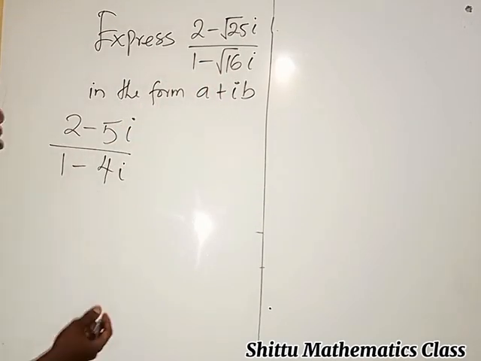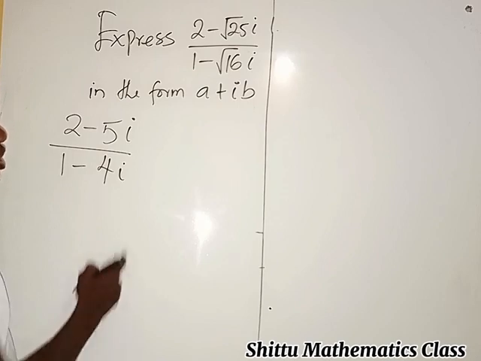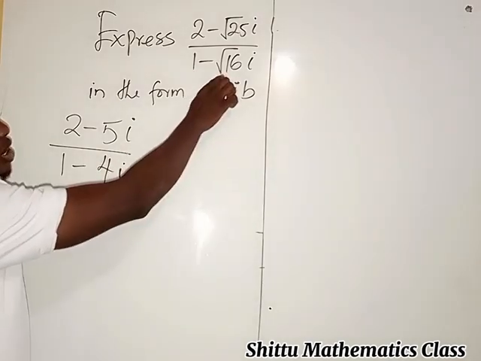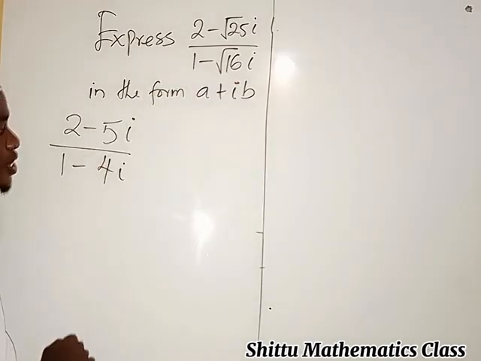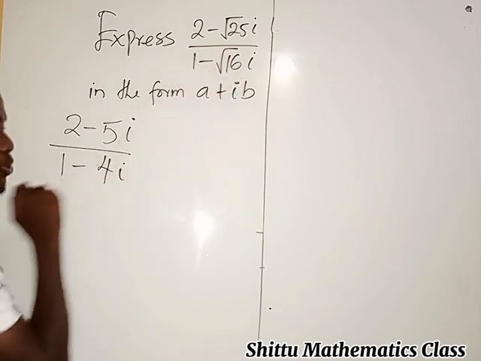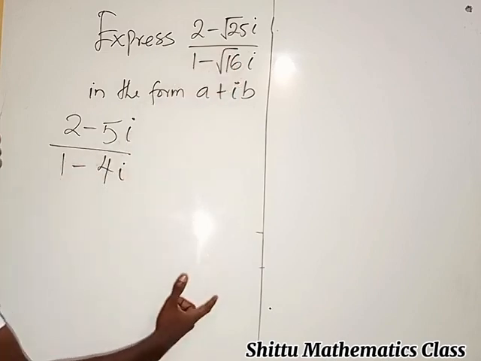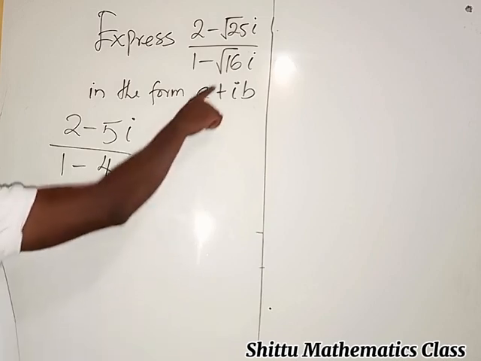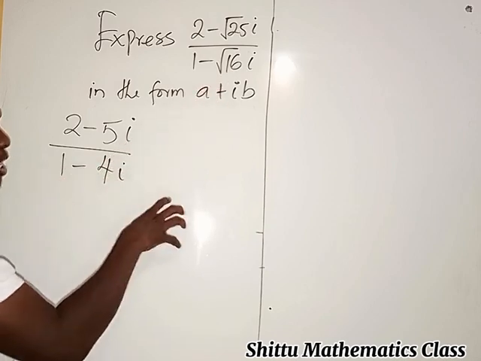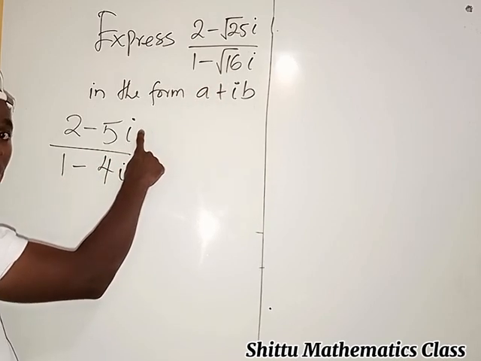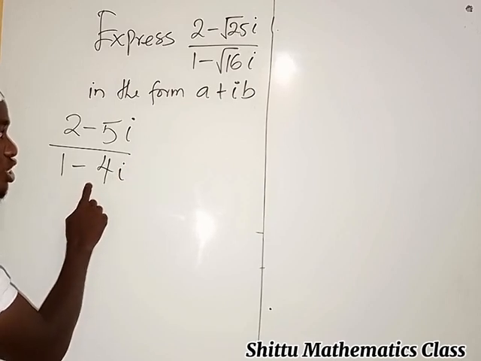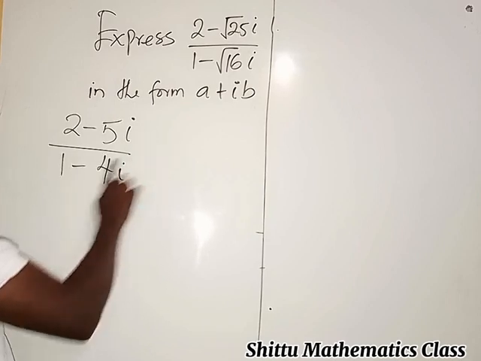Good. So the next thing we're going to do: you can see that I've taken out the surd, which is the root. This is to tell you that even if we don't have a root here, in the complex plane, if you have division of complex numbers, you are still going to rationalize.